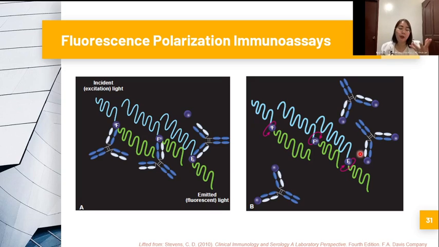And if they are not uniformly oriented, less ang polarization. And nangyayari yon kapag free ang ating mga rotating labels. At kailan nangyayari yon? If marami ang ating patient antigen. That's why, tandaan na, less polarization means higher antigen or analyte concentration, and higher polarization means lesser ang patient antigen concentration.